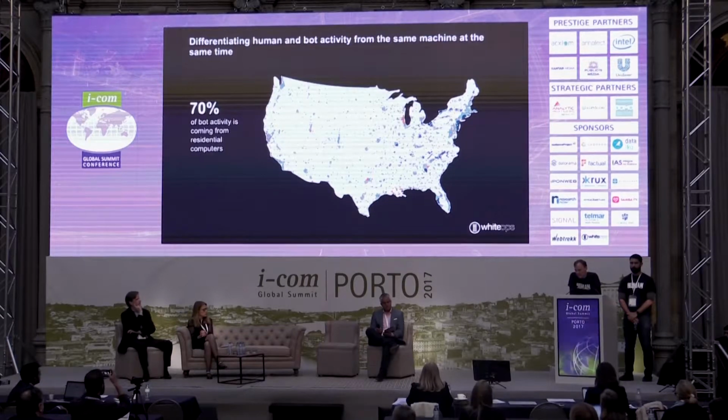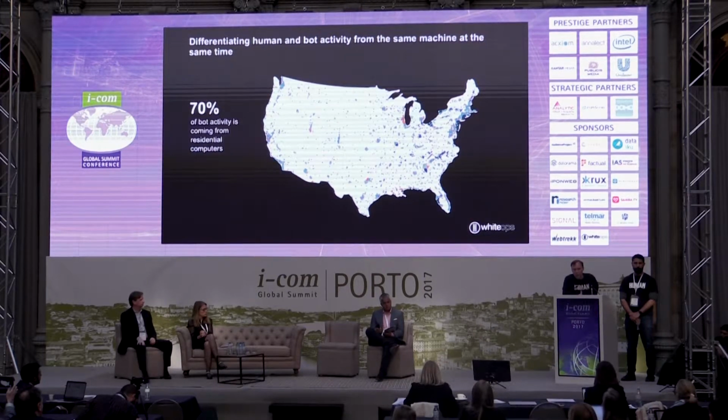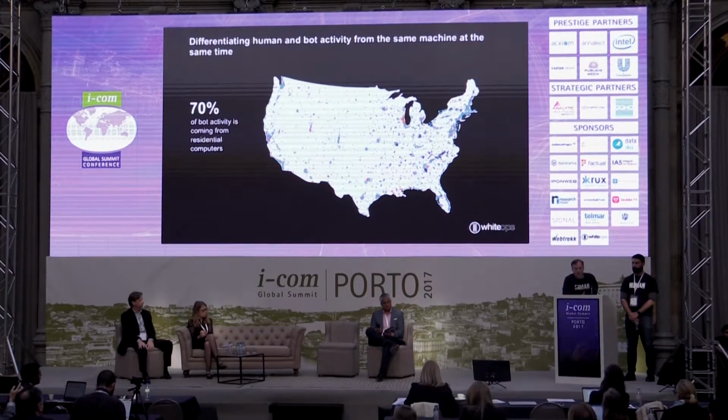Fundamentally, the bad guys succeed because they're exploiting an implicit trust that the entire advertising ecosystem has in cookies and other device identifiers. Since it's our consumers' devices that are getting compromised, the fraud is coming from within the home.